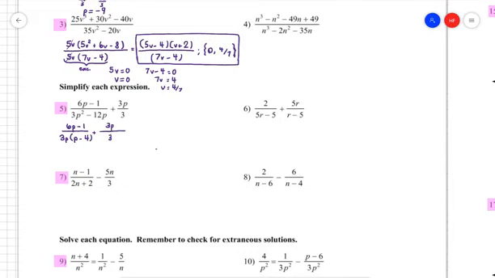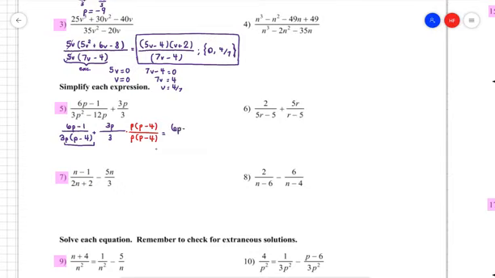So in order to make the denominators common, I need to multiply the right side by all of that. So I'm going to multiply by p times p minus 4 over itself, so that I'm multiplying by something that's equivalent to 1.